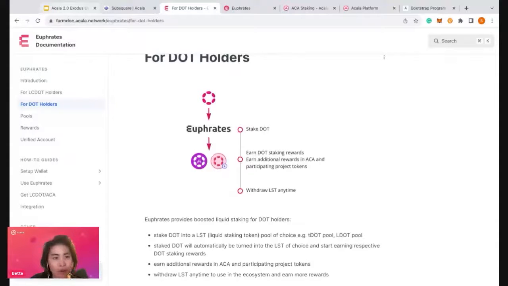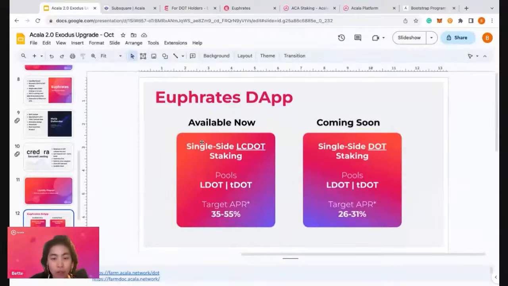It's been running for a long time, and it's always been chosen as the protocol to integrate, especially on the institution side, which prioritizes security, reliability, and also prudence in terms of the protocols. So that is the Euphrates DApp, and also the LDOT and TDOT that I'll mention.